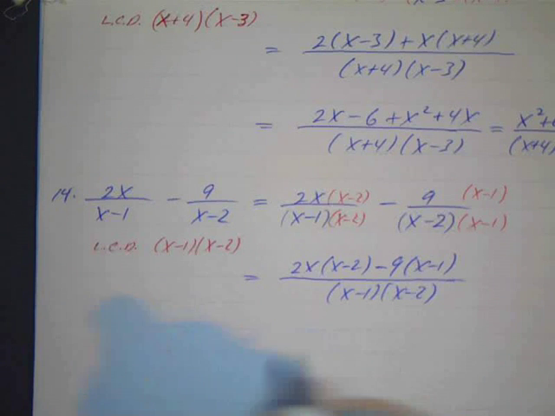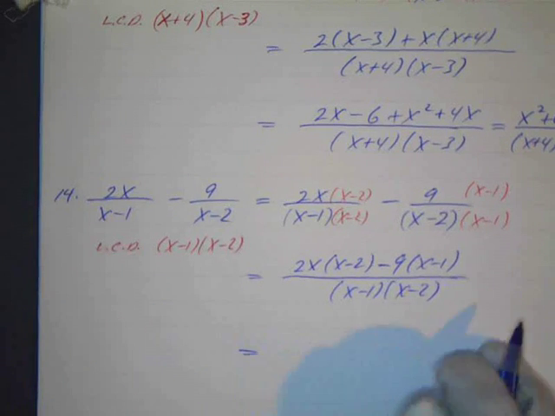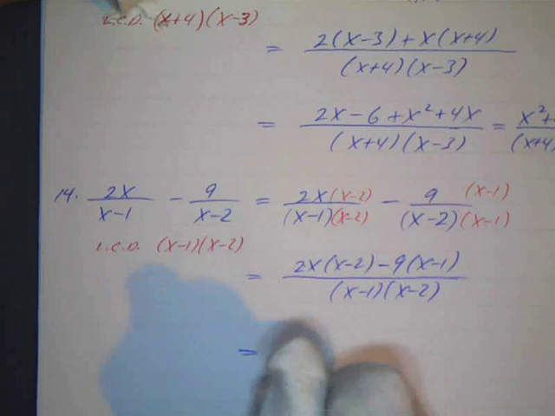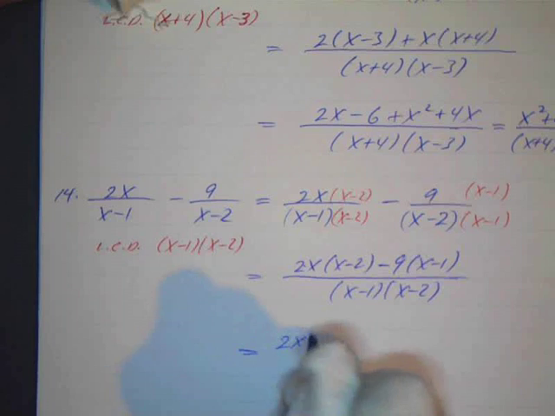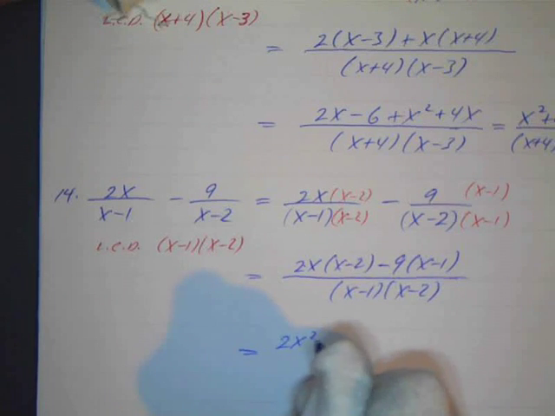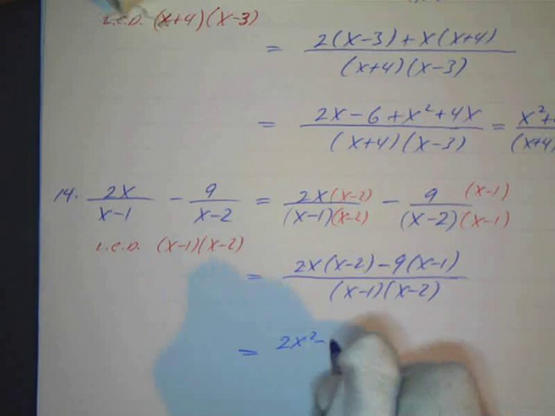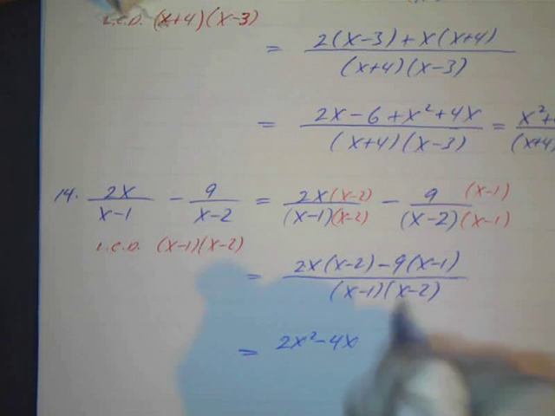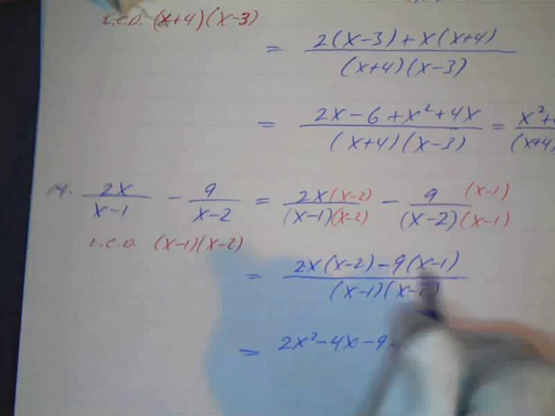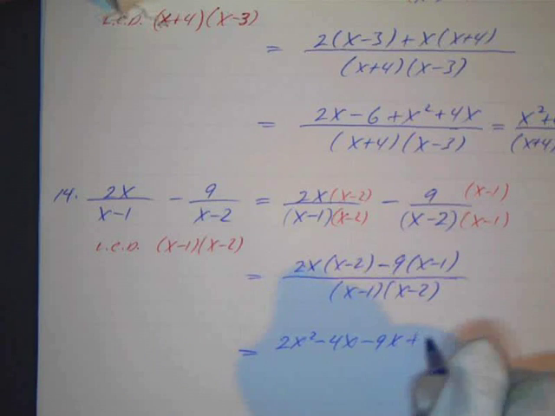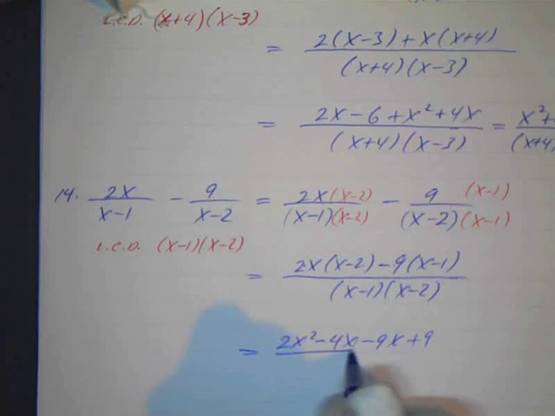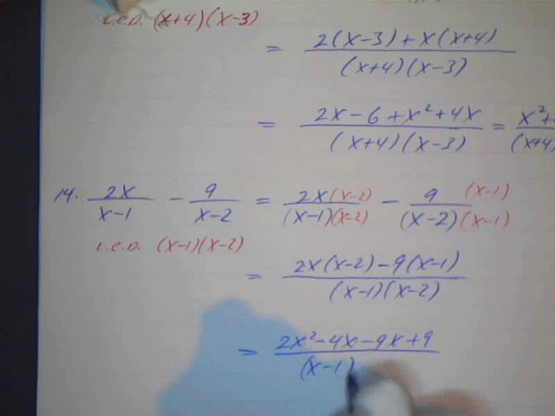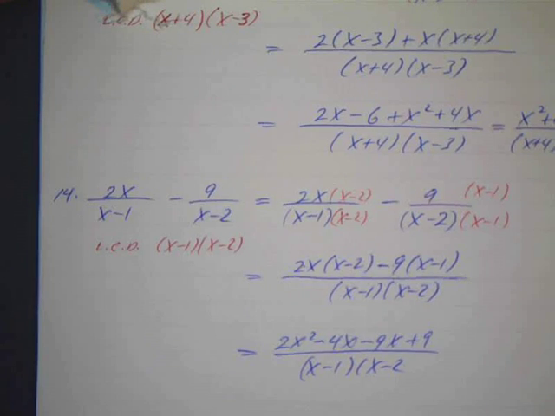And that's going to equal, and I'll remove those parentheses by using the distributive property, 2x squared minus 4x. And then I'll distribute this, negative 9x, and a negative times a negative is a positive, 9. All over my LCD, x minus 1 times x minus 2.